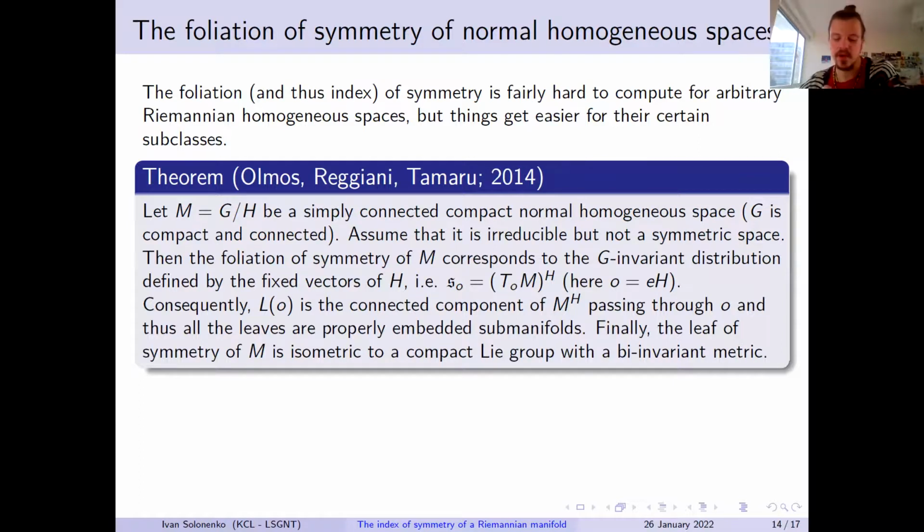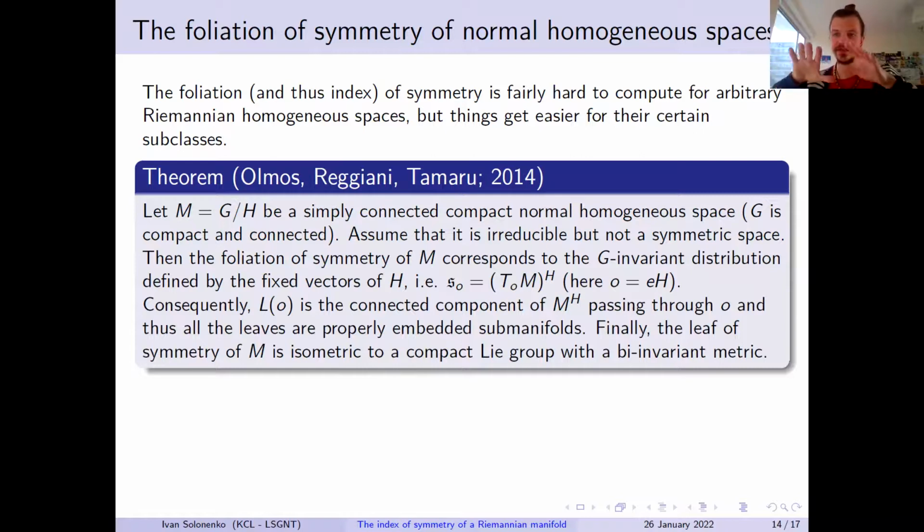Observe how tragically this fails in the symmetric situation. Because in the symmetric situation, each subspace of symmetry would be the whole tangent space, right? In the symmetric case, the index of symmetry is the dimension.